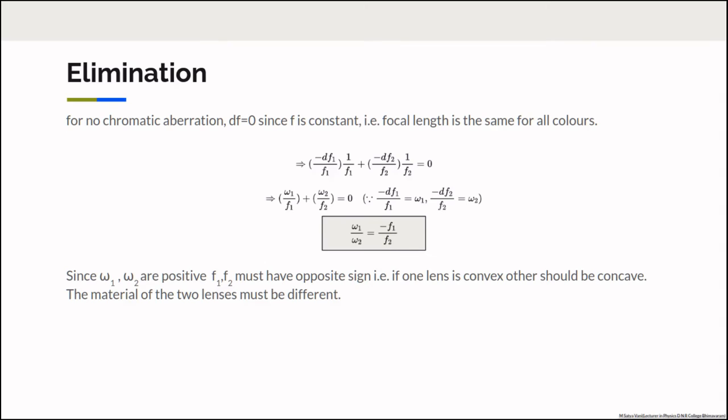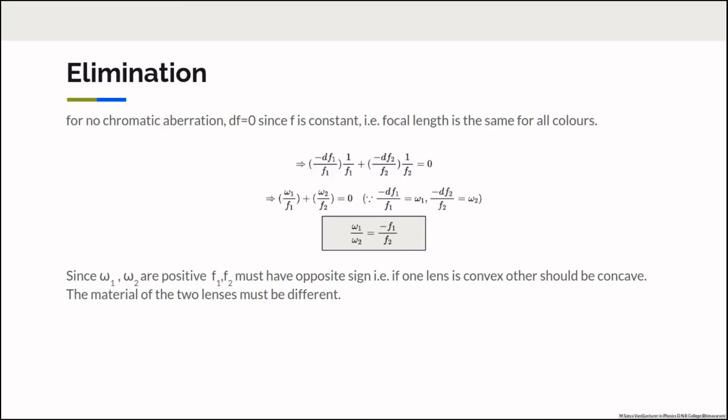If you observe this equation, the ratio of dispersive powers of the materials of the lenses is equal to the ratio of focal lengths of the two lenses. And the second point is, on the right hand side there is a negative sign. That means, as dispersive powers are positive quantities, either f1 must be negative or f2 must be negative.